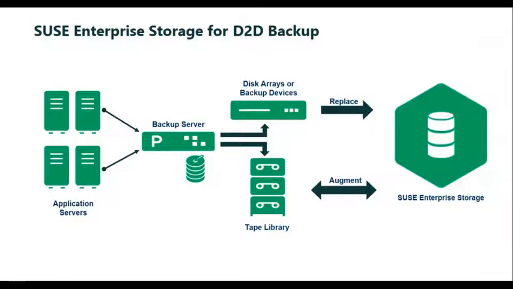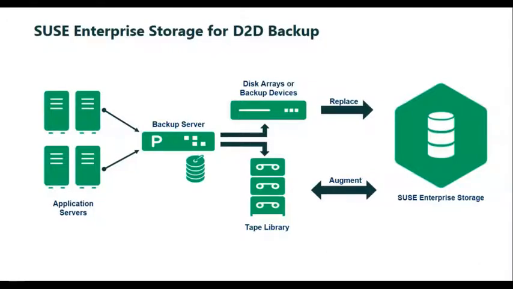Rather than trying to replace tape libraries or appliances completely, for the customers who have already invested in them, SUSE Enterprise Storage sits alongside them and starts complementing them. So any data growth which is coming and which is not able to be accommodated on existing tape infrastructure or existing D2D appliance infrastructure starts going on to SUSE Enterprise Storage.